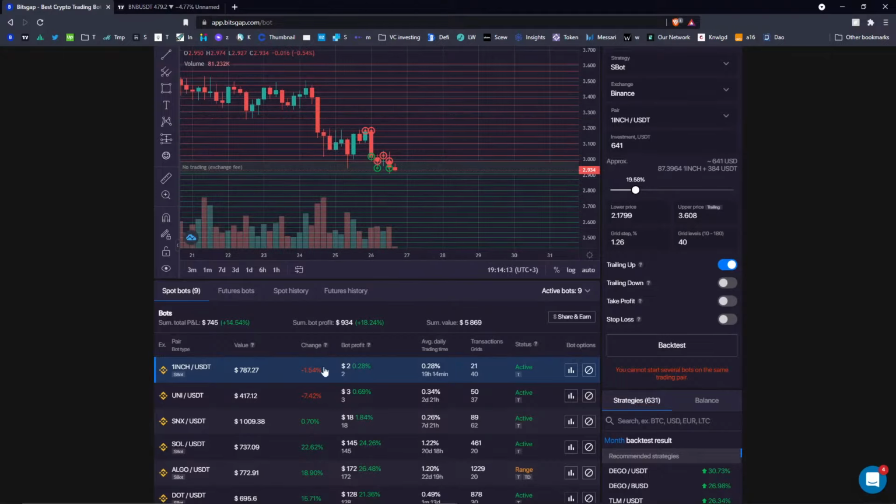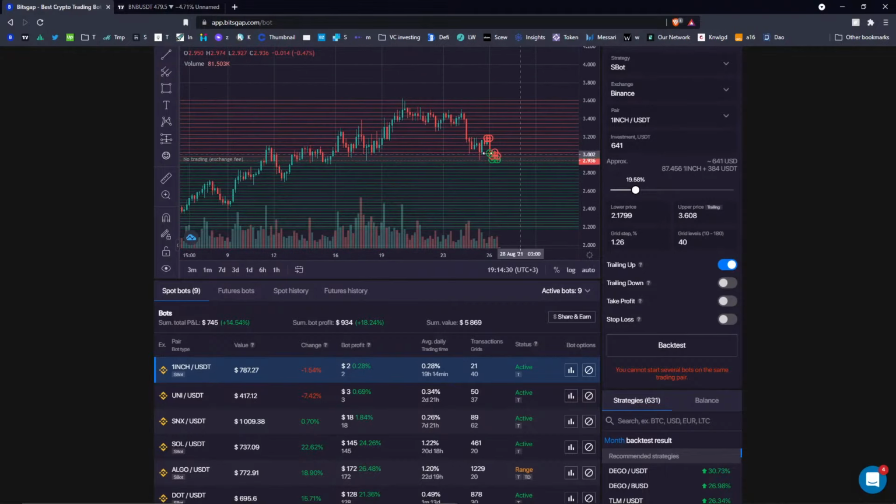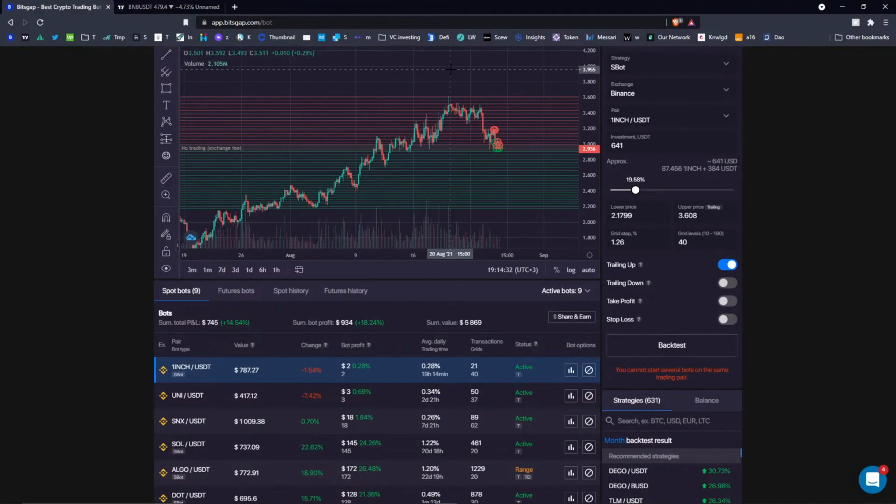But as the bot still makes some money, it pretty much offsets the negative value change of this falling market. I mean, if not for the bot, then the investment change would be not minus 1.54, but I guess it would be around minus 1.8 or something. So the loss would be bigger. But thanks to the bot, it offsets this loss that I am bearing now.